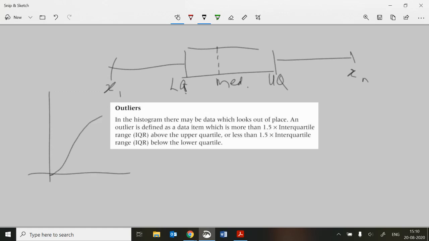If you've done cumulative frequency graphs, then you can get out your median really quickly, your lower quartile really quickly, three quarters of the way through your upper quartile, and often you can plot your lowest value and your highest value in that range, and then you can come up with this little box and whisker plot underneath as well.